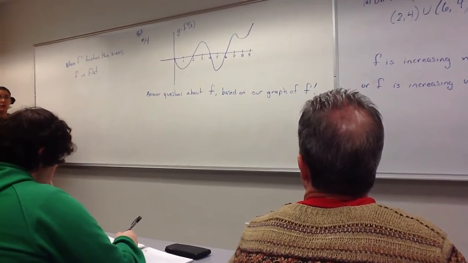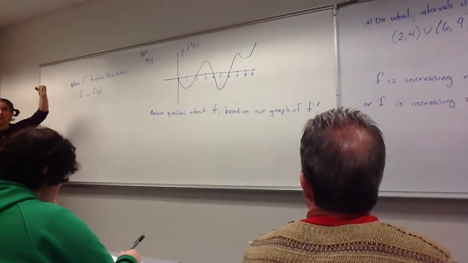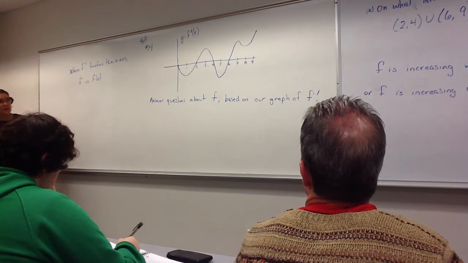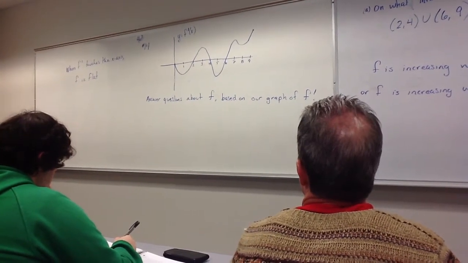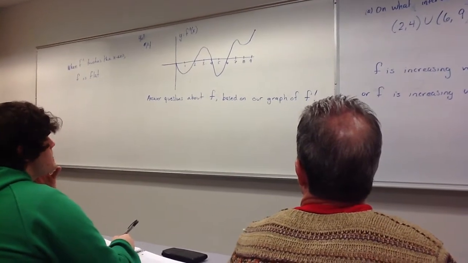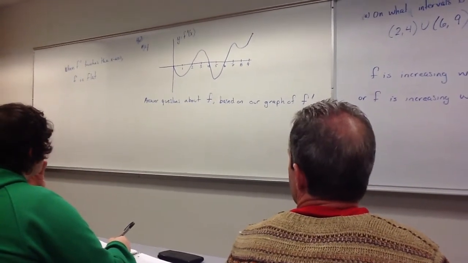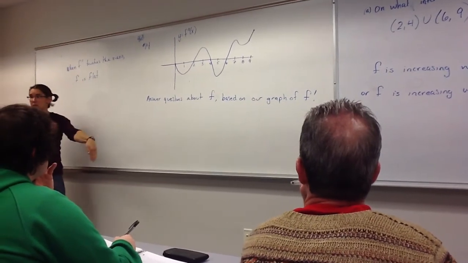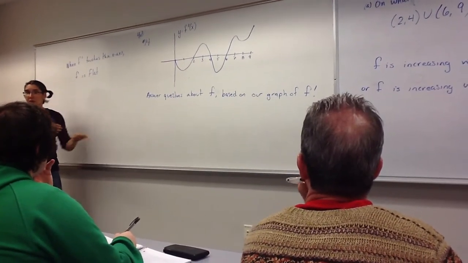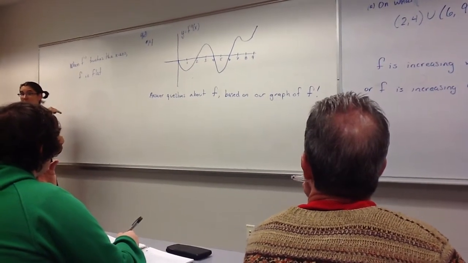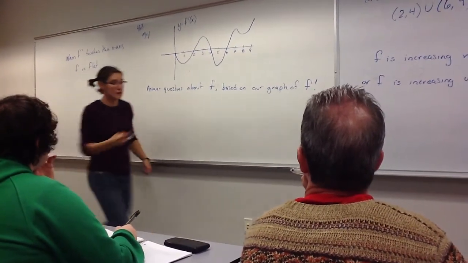F is going from going uphill to downhill at a local maximum. So what is that telling us about f prime? Going from above the x-axis to below. Yeah, so when f goes from increasing to decreasing, f prime is going from positive to negative, or from above the x-axis to below the x-axis.